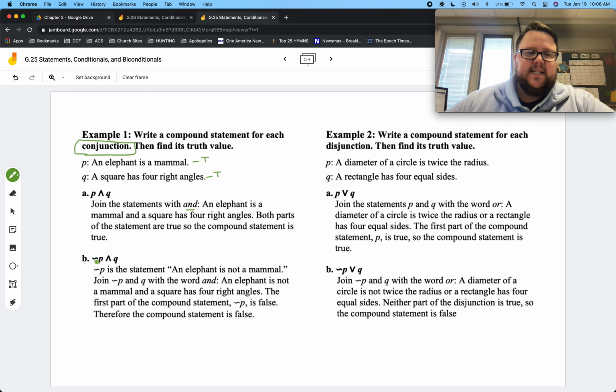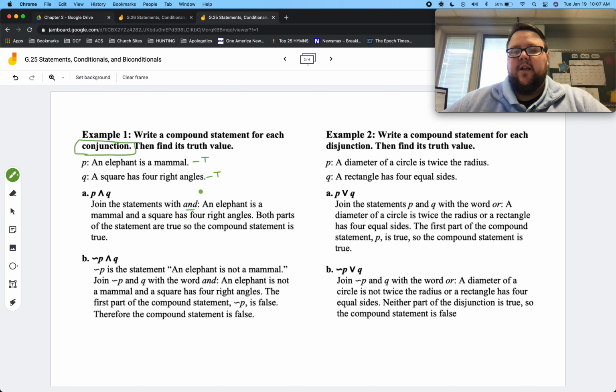But notice part B says not P and Q. If P is an elephant is a mammal, not P is an elephant is not a mammal. So we're going to join not P with Q. It would read, an elephant is not a mammal and a square has 4 right angles.